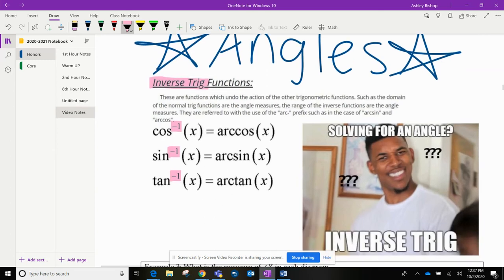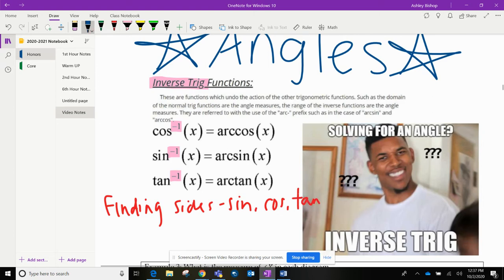And so we will write ourselves a note. When we are finding sides, we use sine, cosine, and tangent.